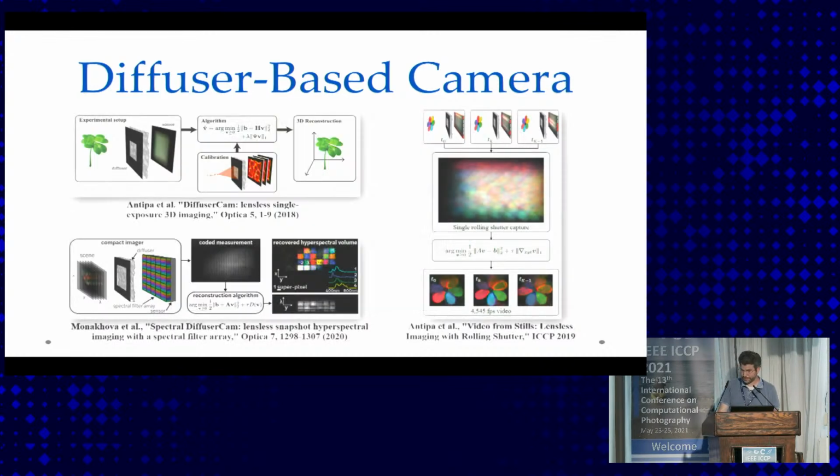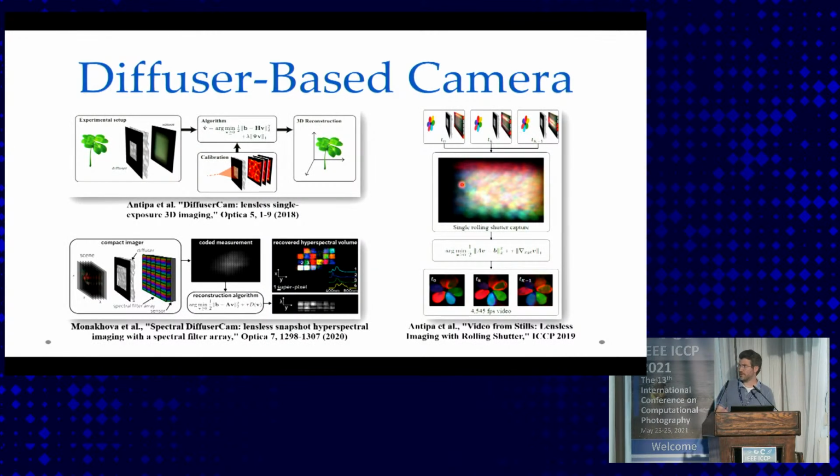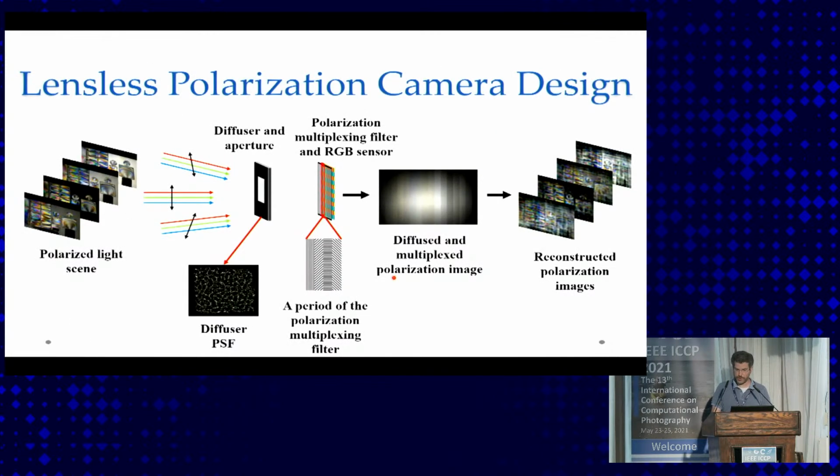And we can use it to compress an additional modality together with the two-dimensional images, like depth, time, or spectrum. Our work is inspired by this time compression or spectral compression, and we want to take a similar path to generate a lensless polarization camera.